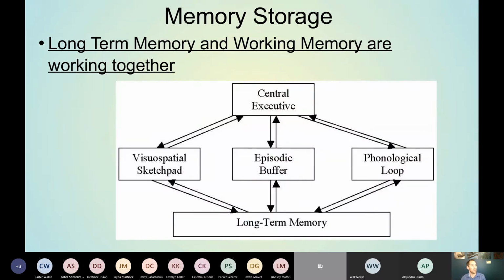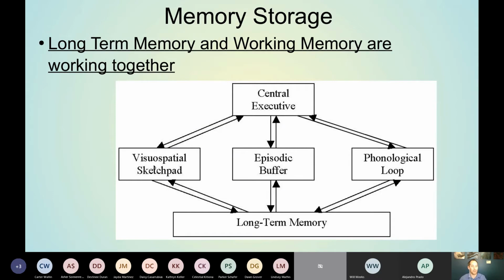So long-term memory and working memory are always working together. So here is a more modern model of how different aspects of our memory are working together. And we won't go into a ton of detail on each of these. It just gives you an idea that working memory works to make long-term memory work, essentially.